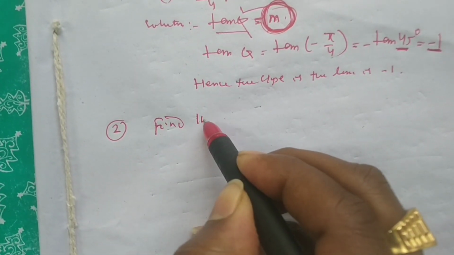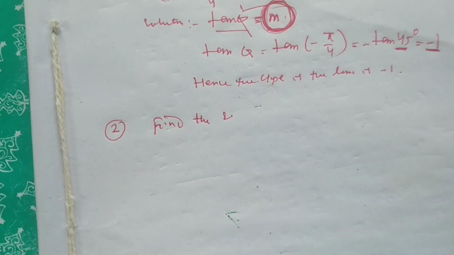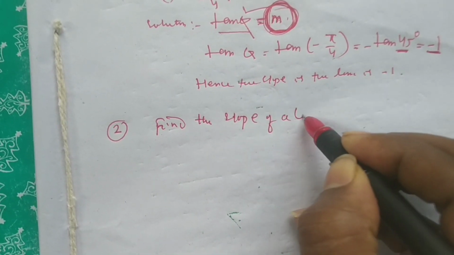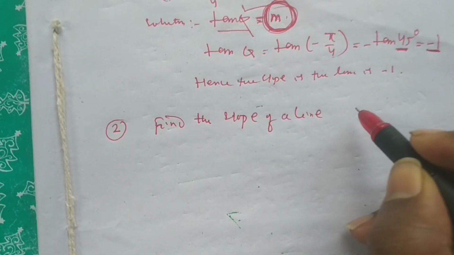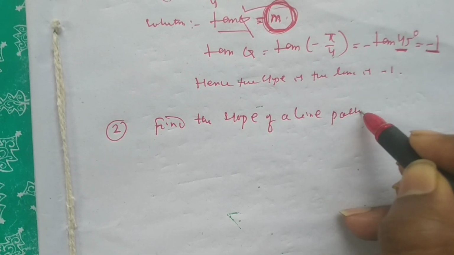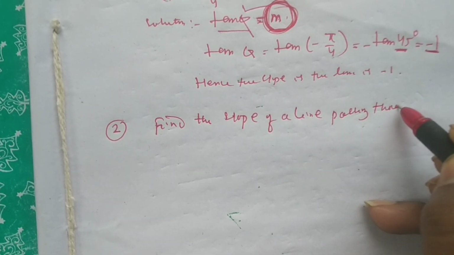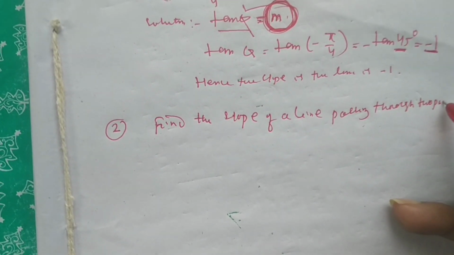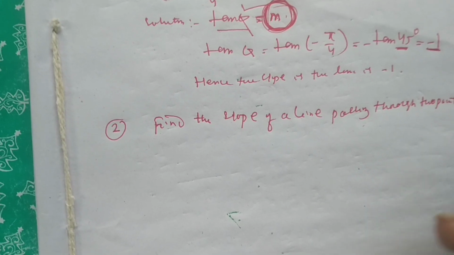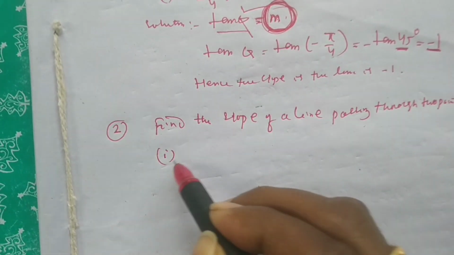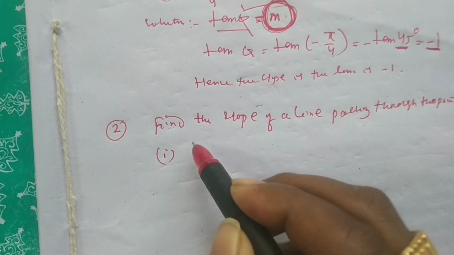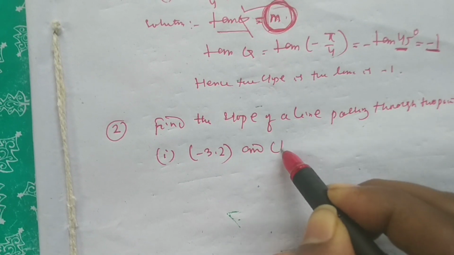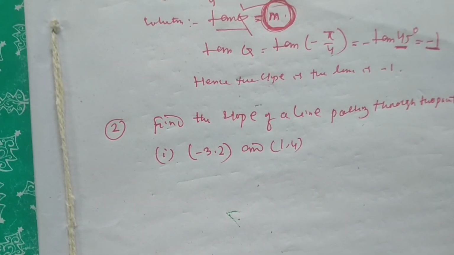Find the slope of a line passing through 2 points. That means only 2 points are given. For the first bit, the points are minus 3, 2 and 1, 4.